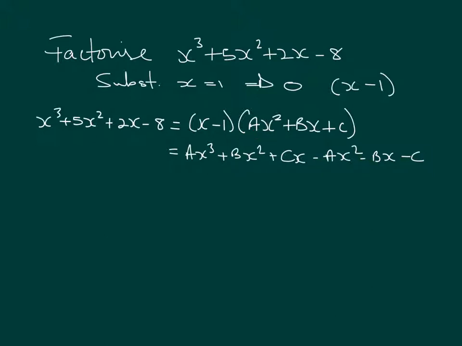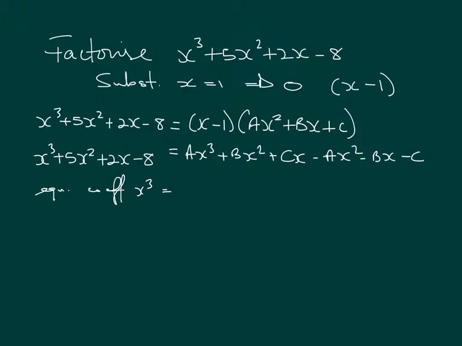Okay, and that is equal to x cubed plus 5x squared plus 2x minus 8. And your first job now is to equate coefficients of x cubed, if that's the way you want to start.